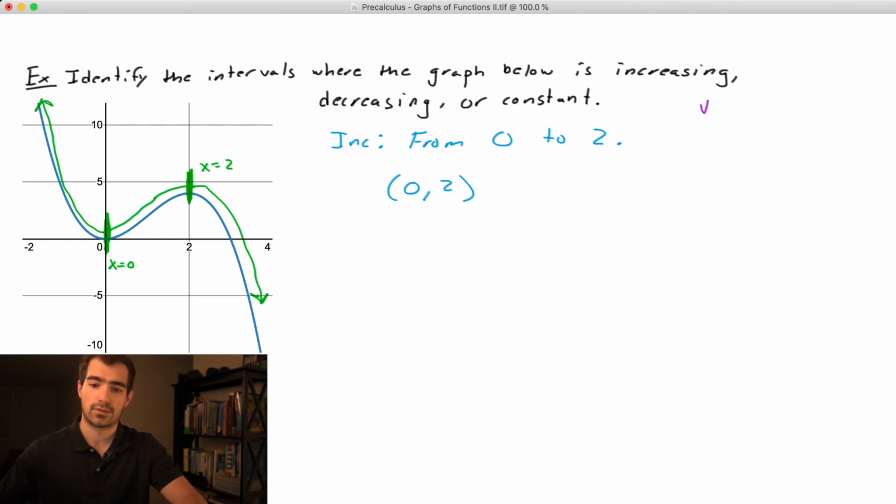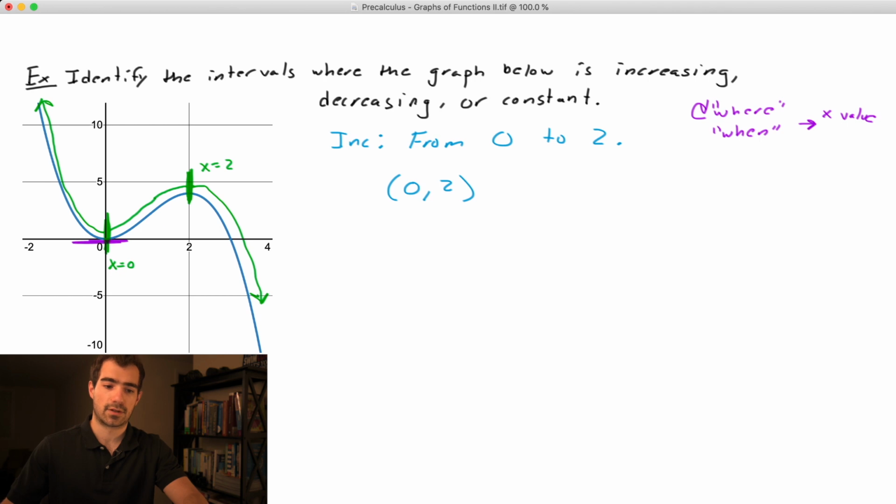So when we use where or when, what we're looking for is what x value. And so this isn't asking for going from 0 to 4 as much as it's asking going from 0 to 2.